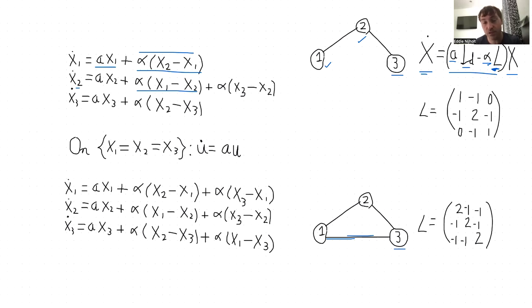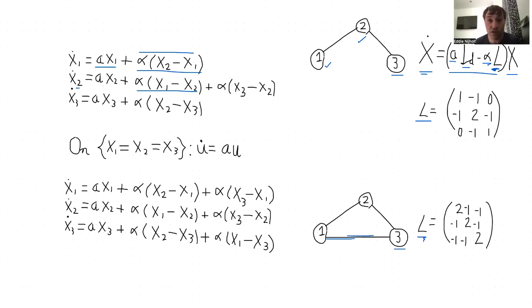In the top example, you can check by writing out the linear equation in this form that this matrix is the value of L. And in the all-to-all coupled example, L is slightly different, of course, because the network is different.